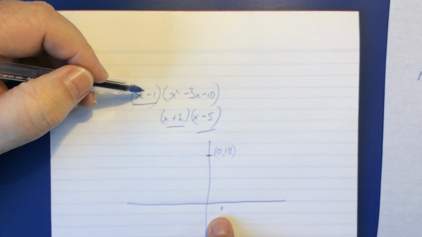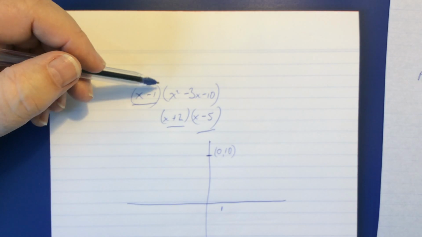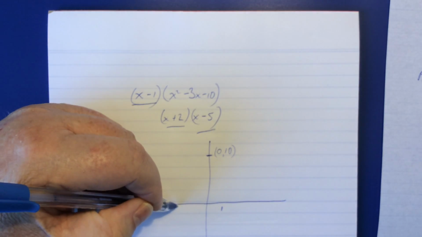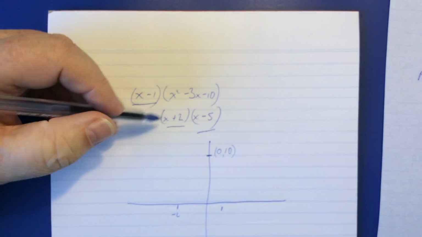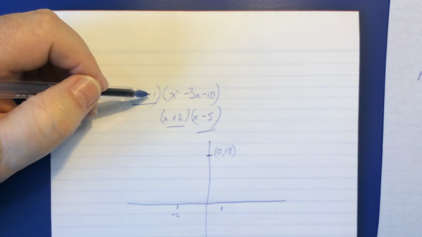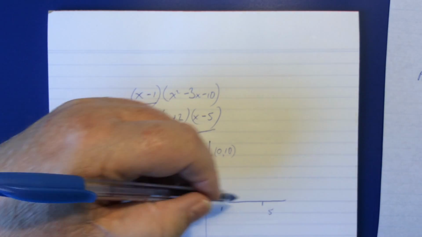I'm just going to write it in there as 1 without putting the coordinates in just yet. At negative 2, so that's negative 2, and at positive 5 over here at positive 5.